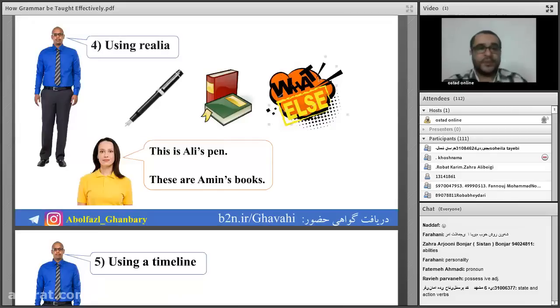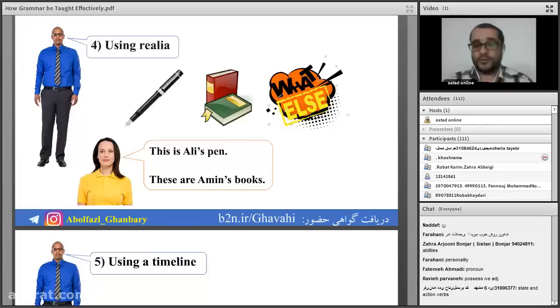Thank you. The next one is using realia. For example, when I teach apostrophe s and of, you can easily gather some things from the learners, and then use apostrophe s to show the possessive meaning.